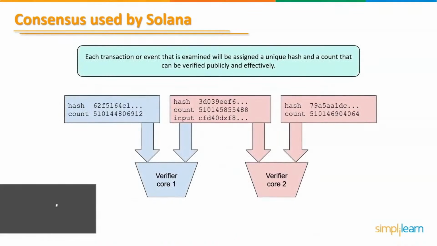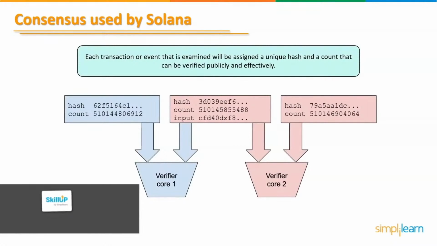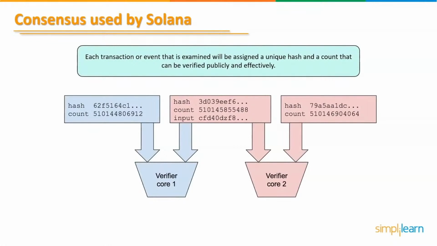Each transaction or event that is examined will be assigned a unique hash, a count that can be verified publicly and effectively. The count serves as a cryptographic timestamp, allowing us to determine when each transaction or event occurred. This provides increased throughput and efficiency within the Solana network.